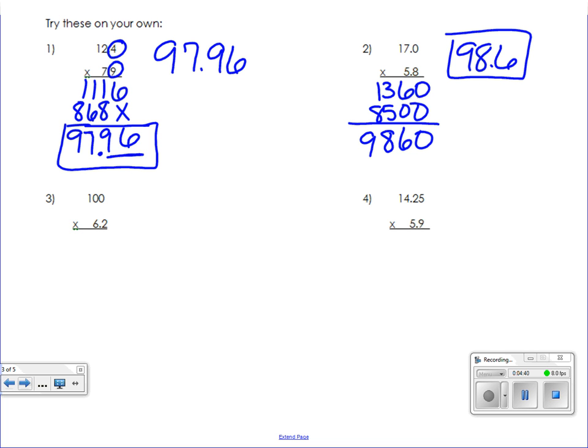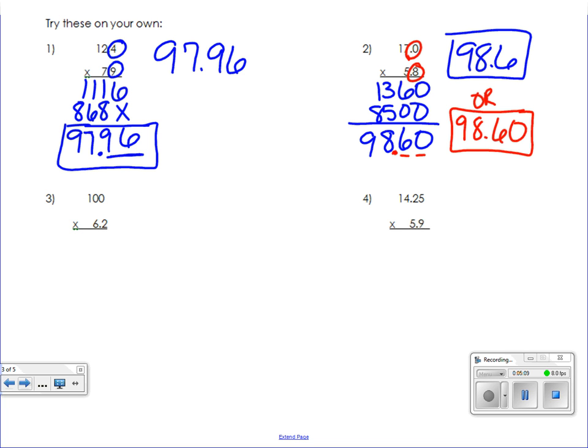Let's count and see how many numbers I have behind my decimal. 1 and 1, so that gives me 2. So 98.60. If you write it as 98.60 or 98.6, those would be correct.